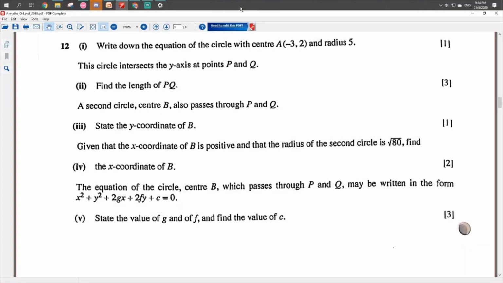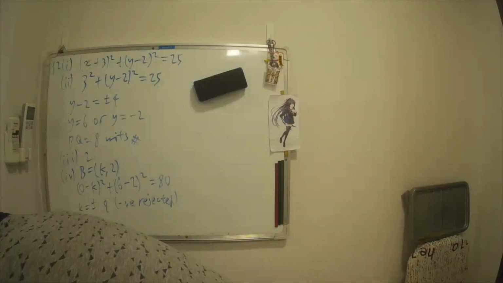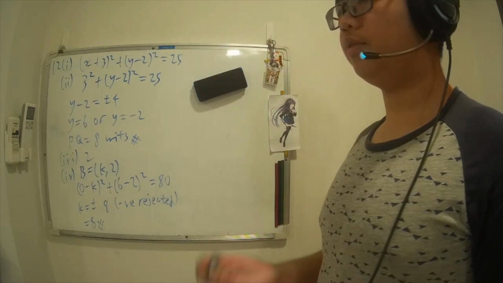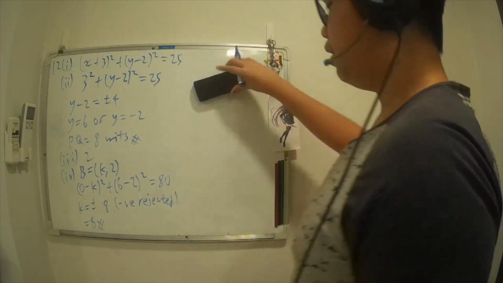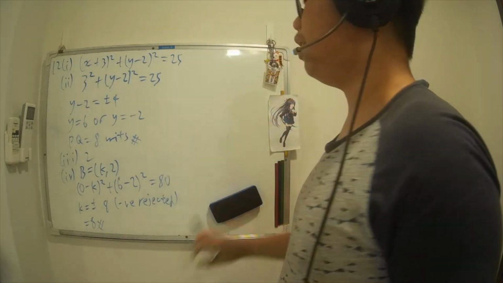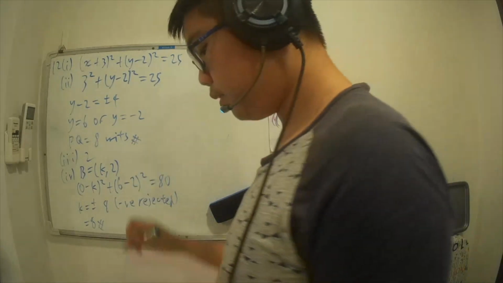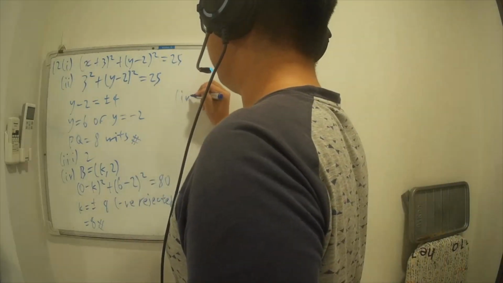Finally, the equation of the circle center B, which passes through P and Q, may be written in the general form. So state the value of G and of F and find the value of C. Okay. So we know that the center of the circle is minus G, minus F. So we have 8, 2, which means that for part 5, I'll write it here.